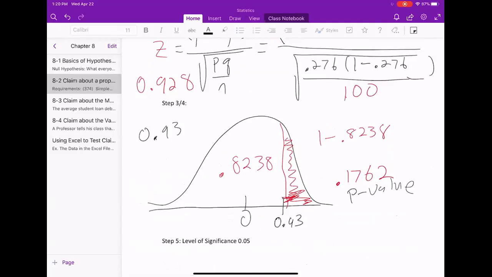Am I reading it wrong? 0.93 gives you 0.8238, the z-score, and you're coloring to the right.